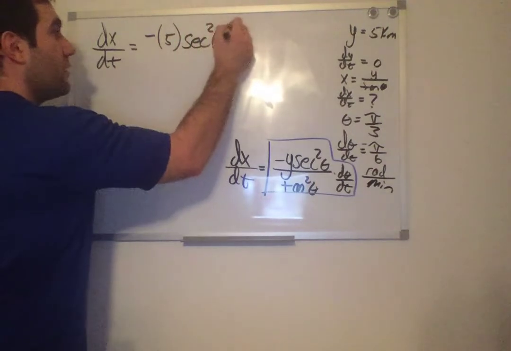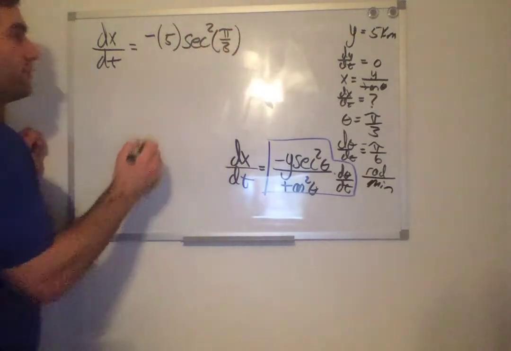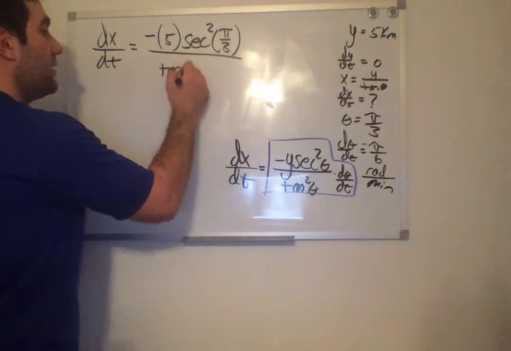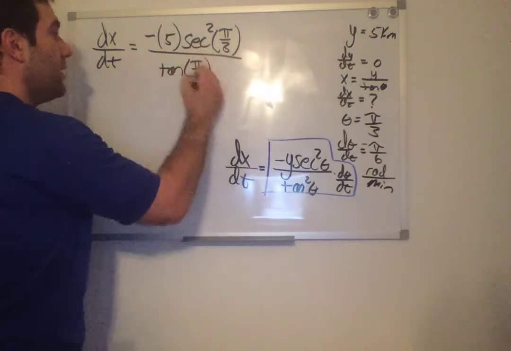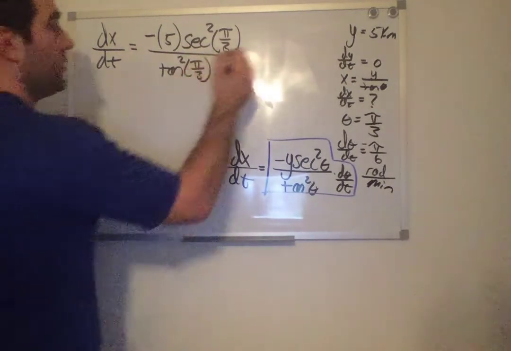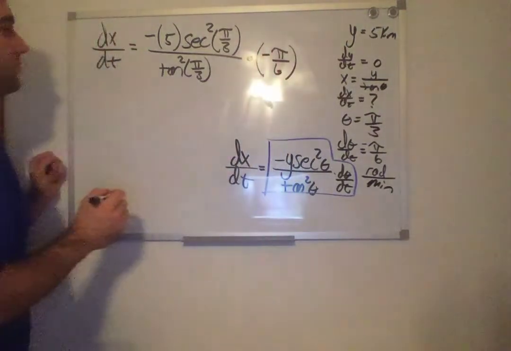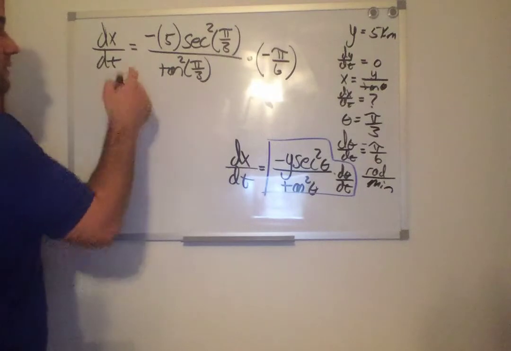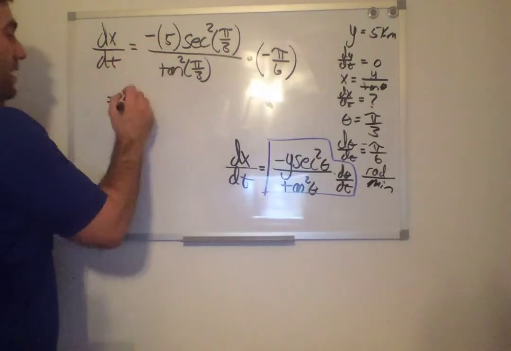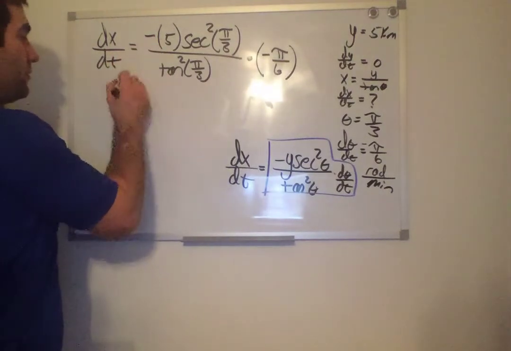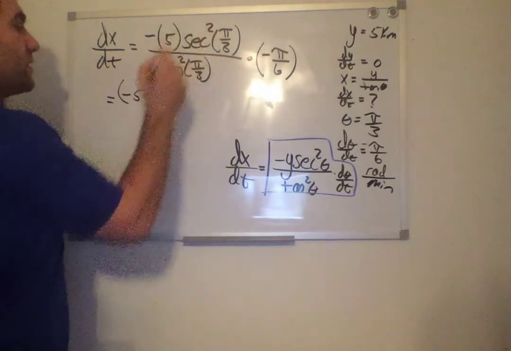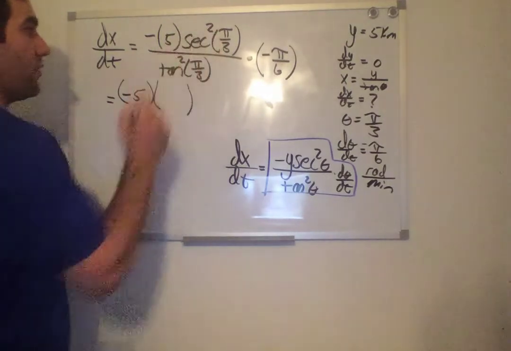Secant squared of pi over 3 divided by tangent squared of pi over 3, and then times negative pi over 6. So let's see, we've got a negative 5.